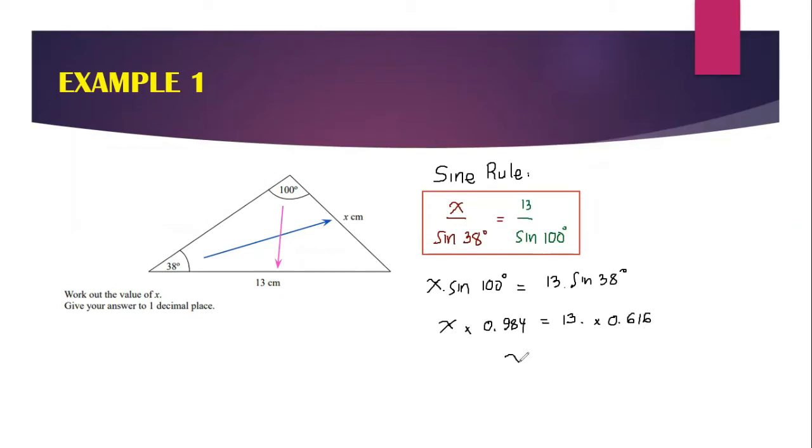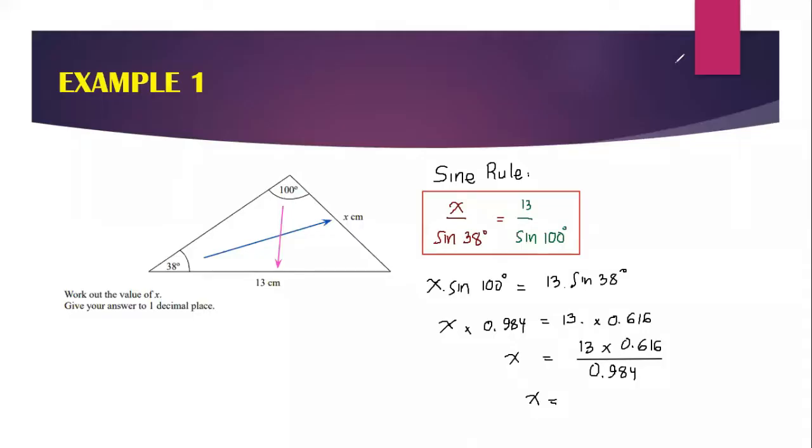So x equals 13 times 0.616 over 0.984. So we'll find x.